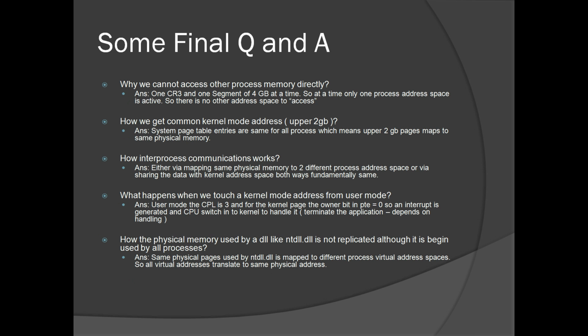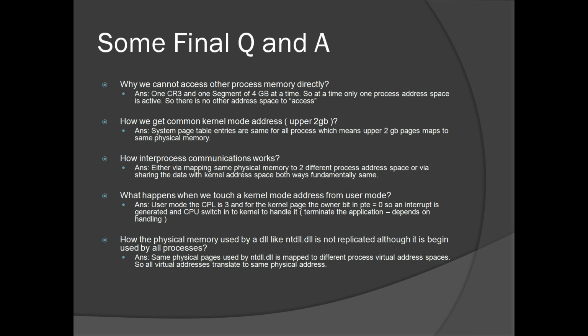Why can we not access other process memory directly? So one CR3 and one segment of 4 GB at a time. The CR3 register is unique at a time, which means the page table translations are unique at a time, which means one process equals one CR3.